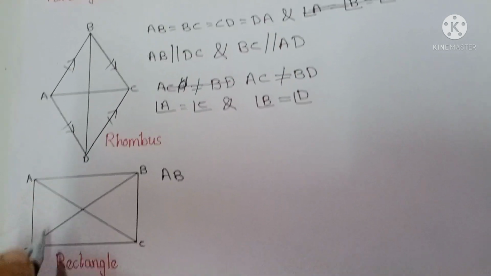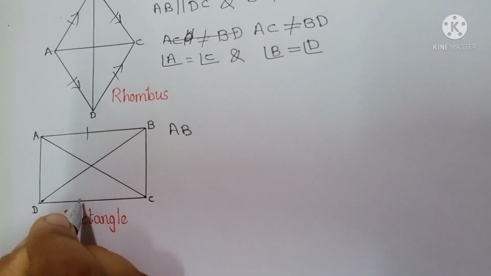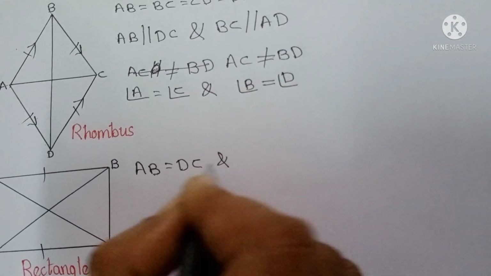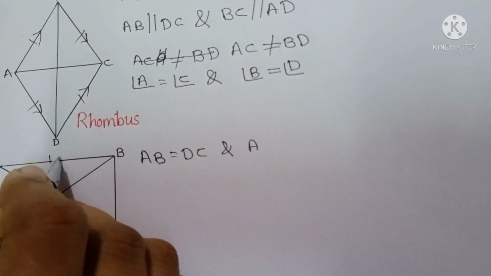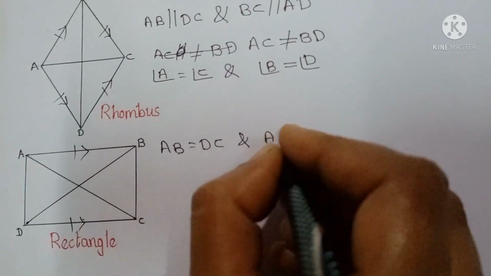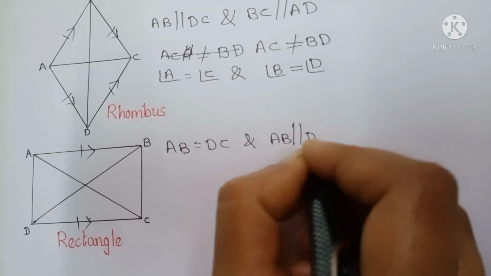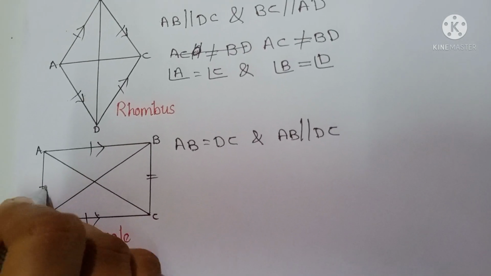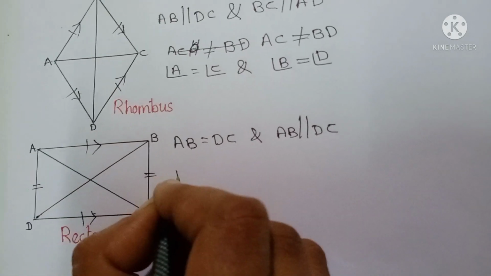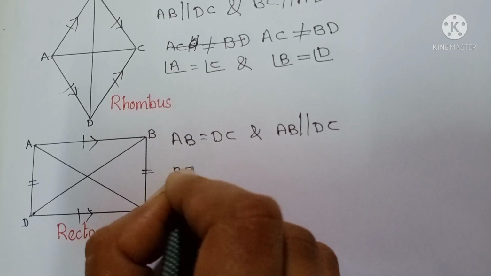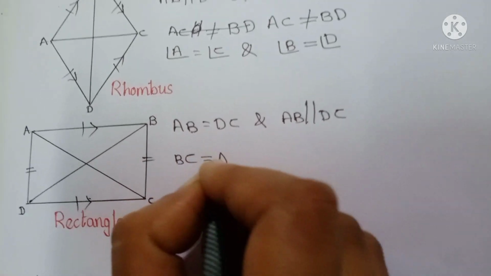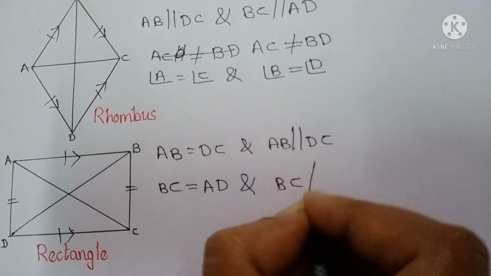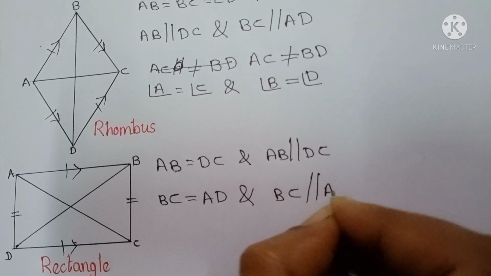AB equals DC and AB is parallel to DC. BC equals AD and BC is parallel to AD.